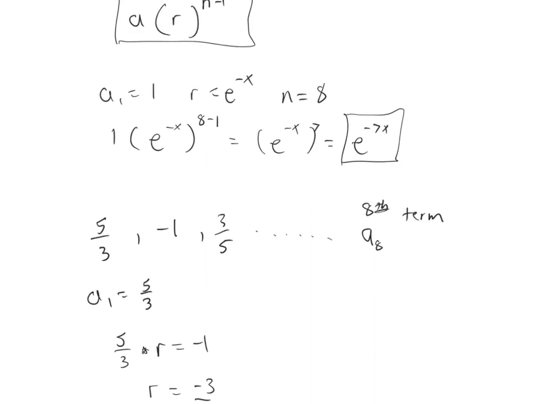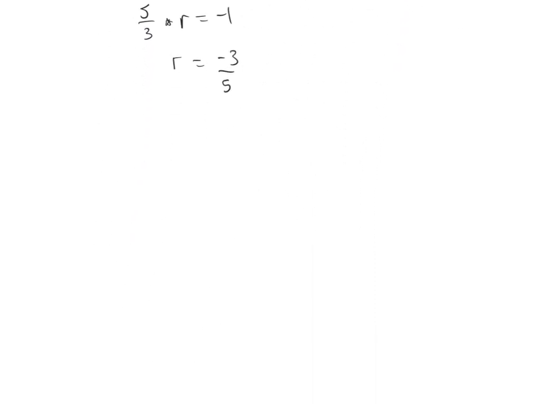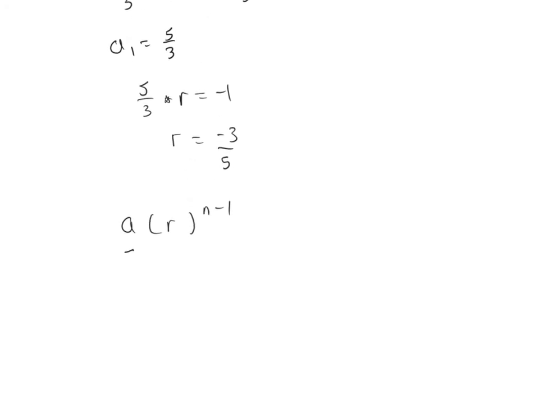Now we can just plug that into our formula to find any of our values. So scroll back up to our formula. Our formula is a times r to the n minus 1, n being 8 in this case. So a here is 5/3, so we have 5/3 times r, which we found to be -3/5, to the n minus 1, that's 8 minus 1. So this is 5/3 times -3/5 to the 7th power.